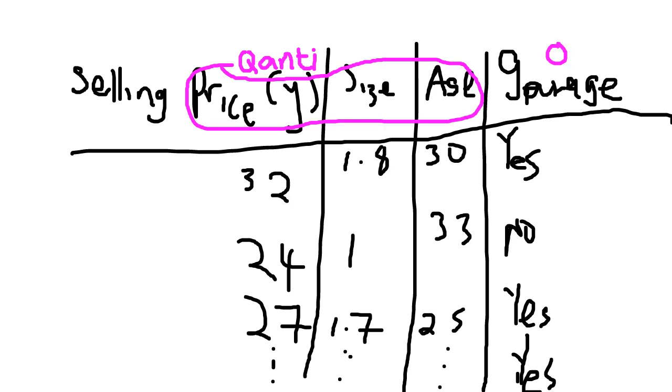But the garage one now is qualitative. It's not numerical. It's categorical.